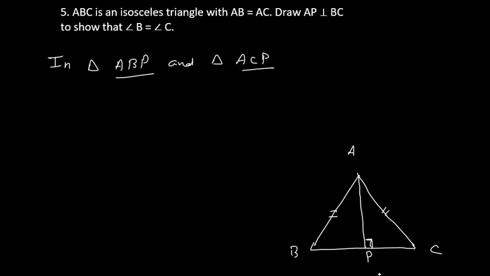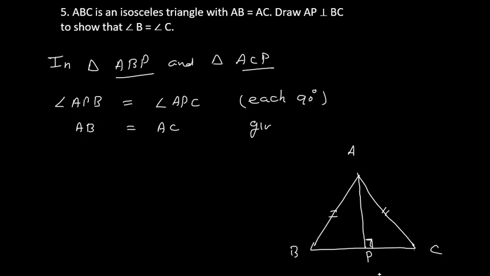So now in these two triangles we can say that angle APB is equals to angle APC, each 90 degree. You can say given also. Then hypotenuse AB is equals to hypotenuse AC.